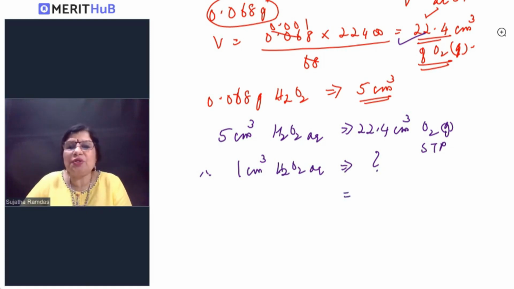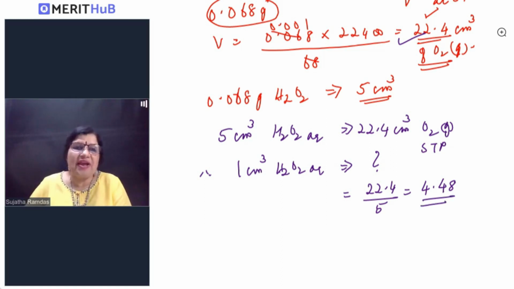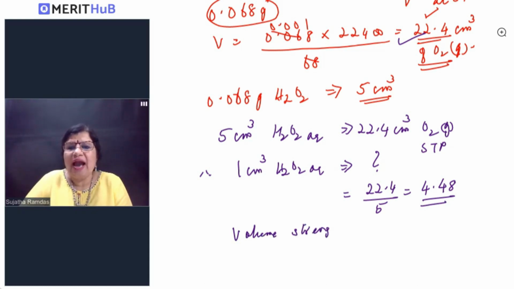So, that is equal to 22.4 divided by 5. So, what is that? 4.48, or approximately 4.5. So, you can say that the volume strength of hydrogen peroxide is 4.48 volume.